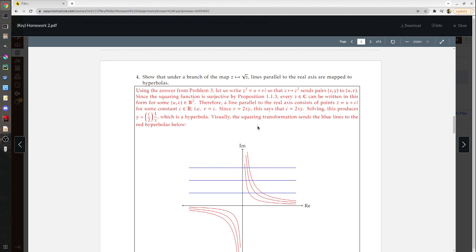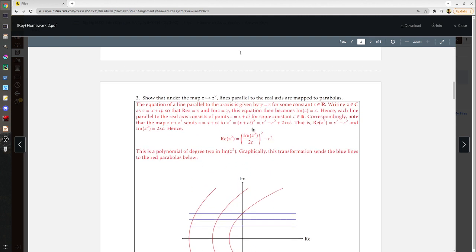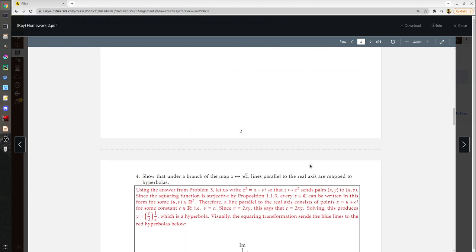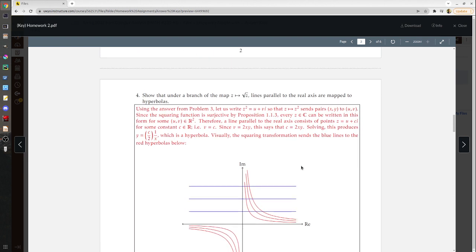If we use the formula we got from squaring before, the real part being x squared minus c squared, and the imaginary part being 2xc for whatever our constant c is in terms of the imaginary part, all we had to do is say, hey, you can write anything in terms of a square, and then we're just undoing this transformation.